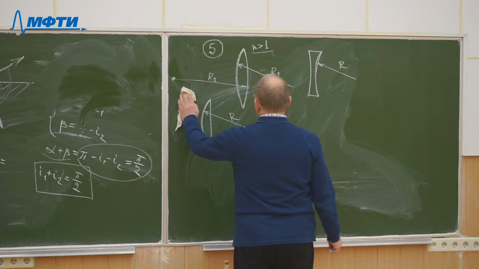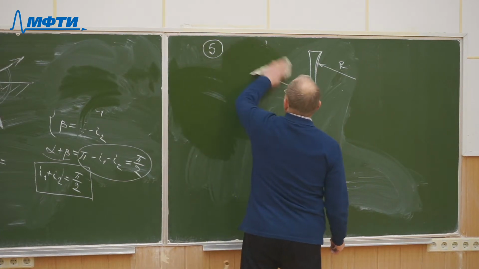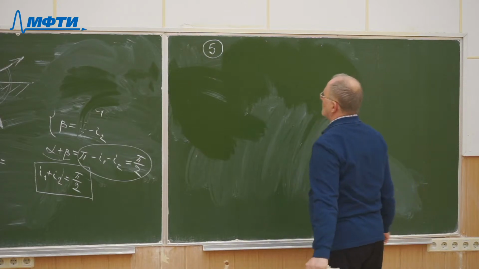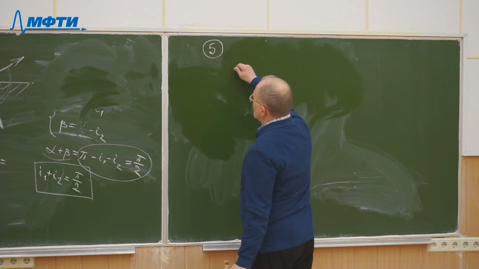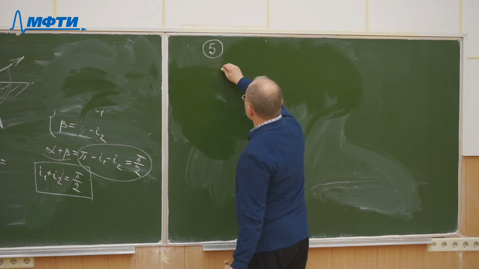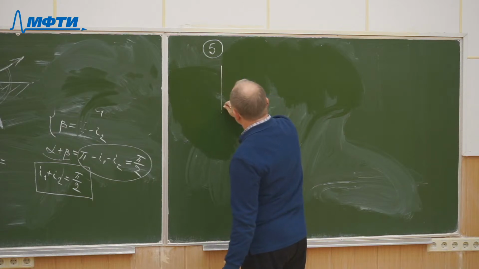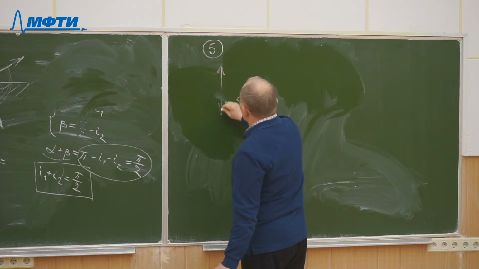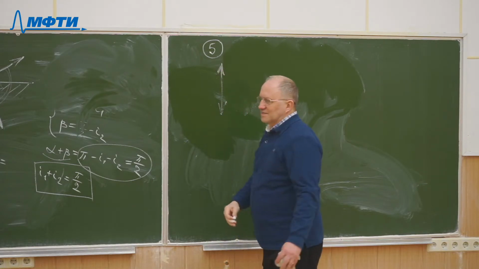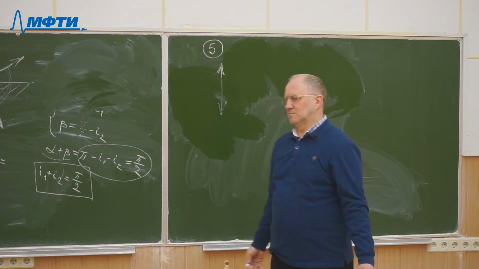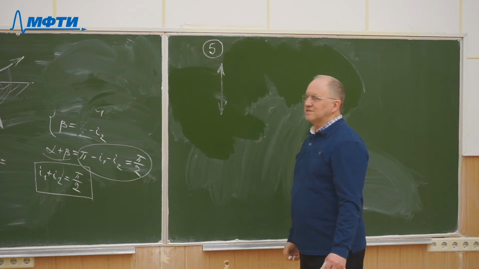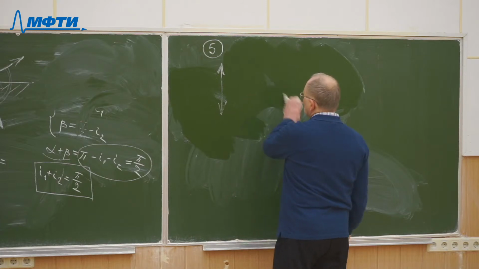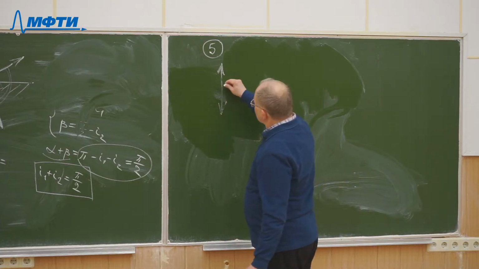What are the properties of such lenses? I will draw a lens which is a concave lens, and people usually agree to denote the concave lens as such a double arrow. The theory of lenses in general cases is a complicated mathematical theory, but the theory turns out to be very simple if we assume that the lens is thin.